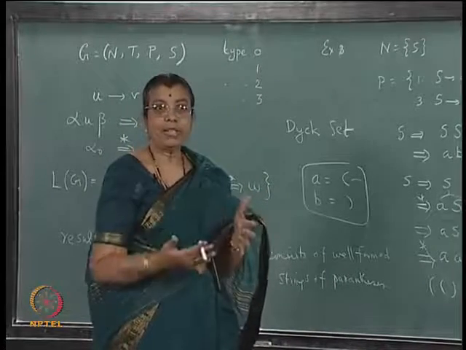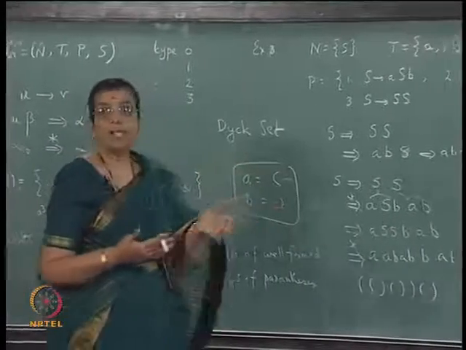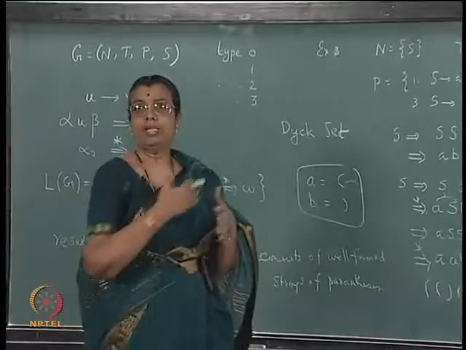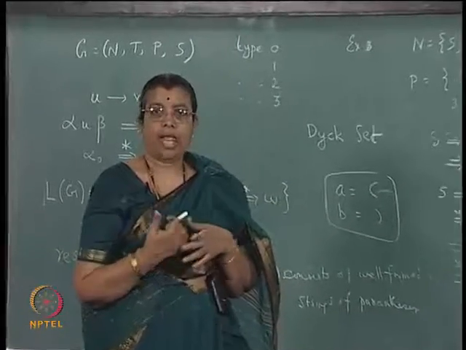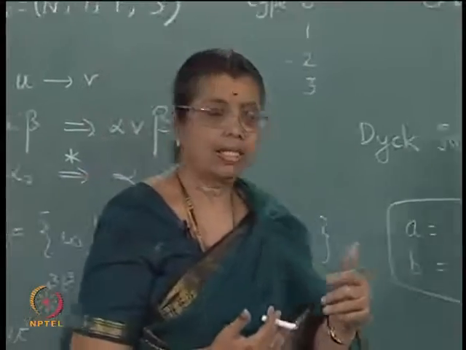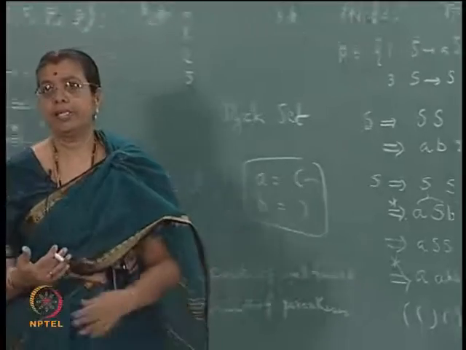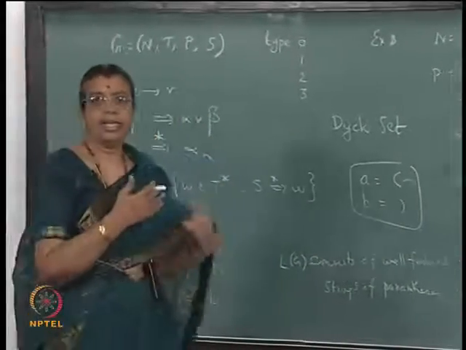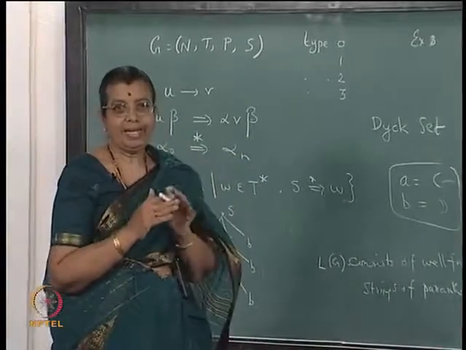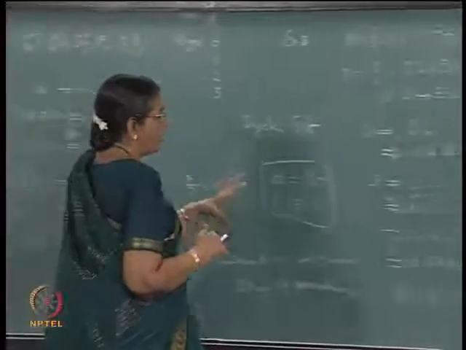Similarly, there is a string which will require at least 10 non-terminals in one step. As the nesting and the length of the string increases, the number of non-terminals in any sentential form you cannot bound. Okay, it is not bounded.